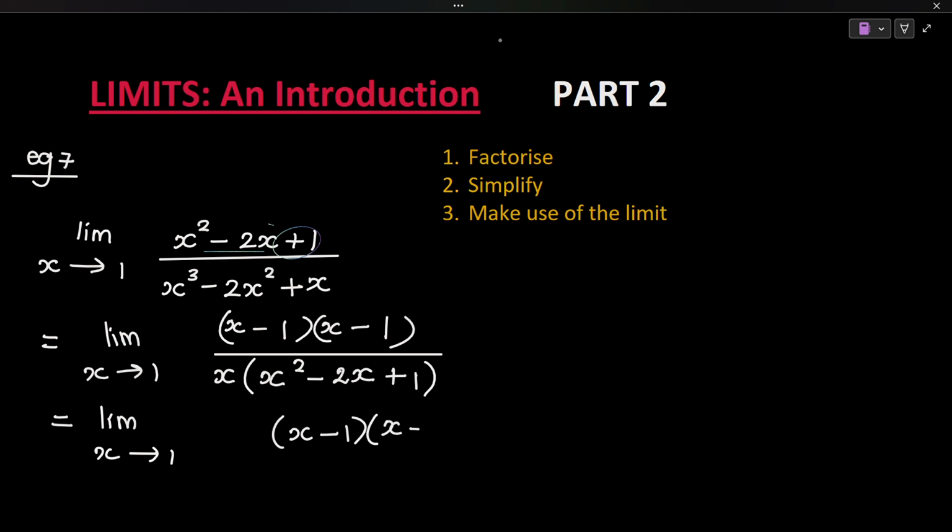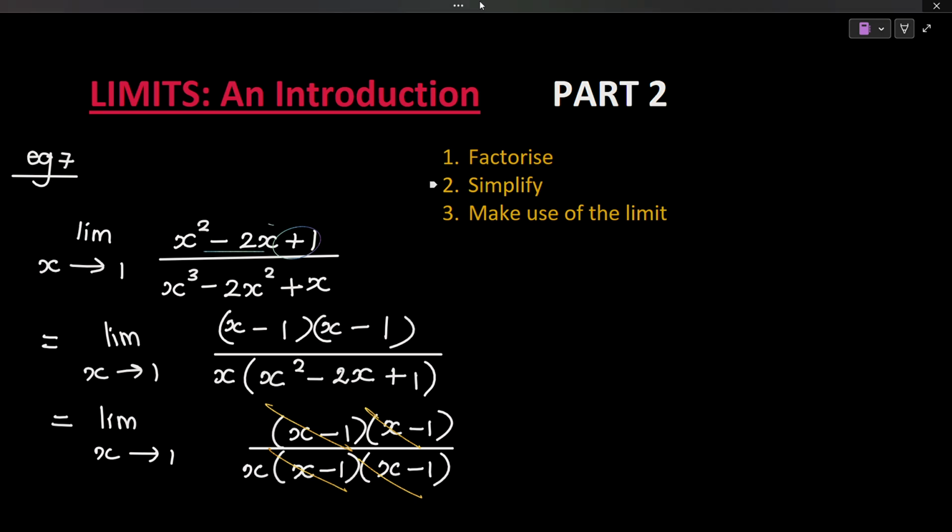Remember, the given function must be fully factorized first before you simplify and make use of the limit. Now we notice that x minus 1 at the top and at the bottom cancel out. So what we are actually left with, in our numerator, we are left with 1.